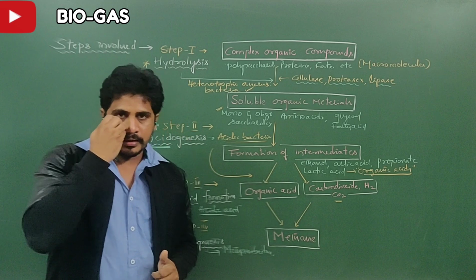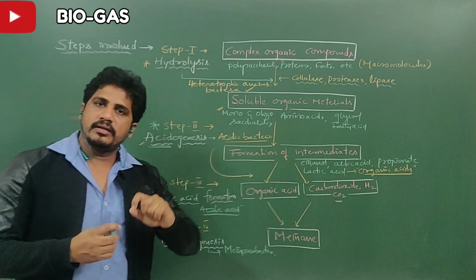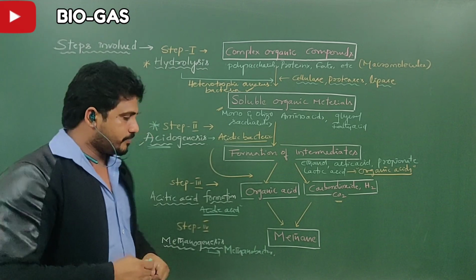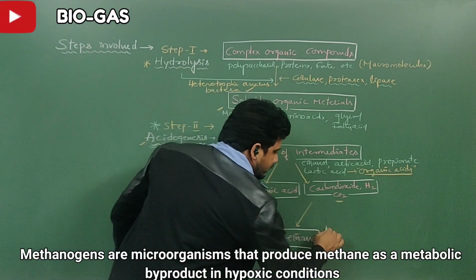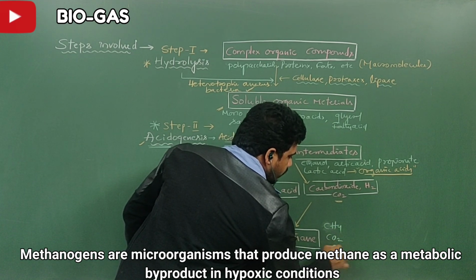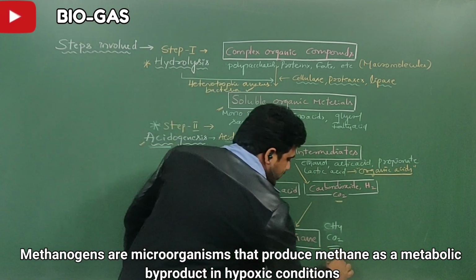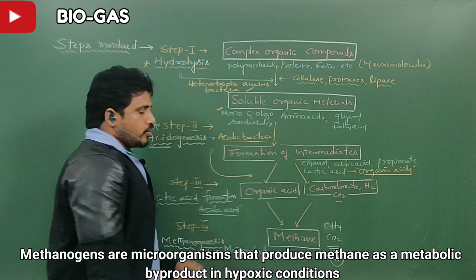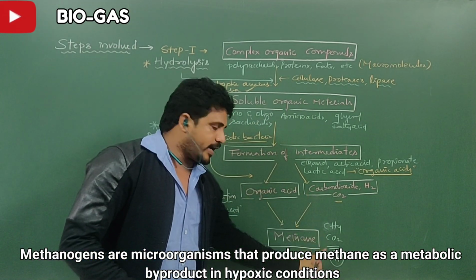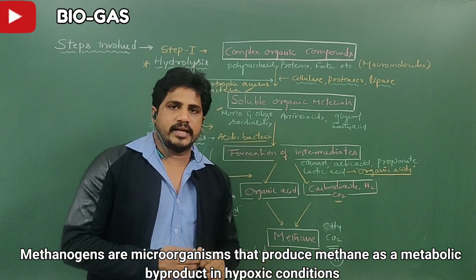Genic means production; the bacteria that cause production of methane are called methanobacter. Example, methanococcus. Then methane, CH4, and carbon dioxide are produced mainly, and hydrogen is also present in some amount. So the combination of methane, carbon dioxide and hydrogen is methane gas.